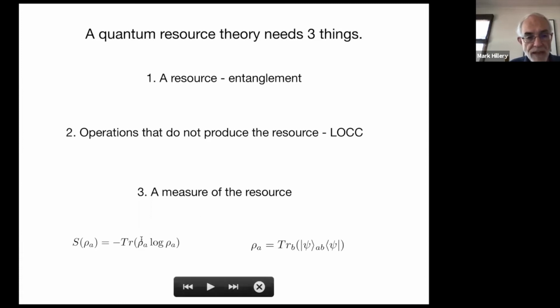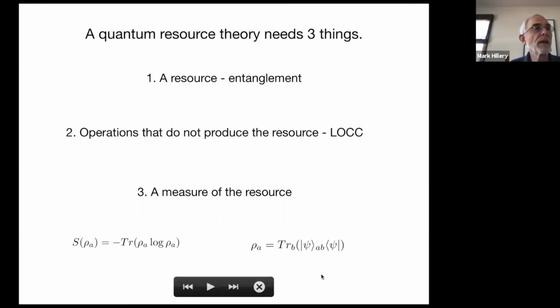Then you take minus trace rho log rho, which is the von Neumann entropy of that 1-qubit density matrix, and it turns out that's a really good measure of entanglement. That would be the resource measure in that case.